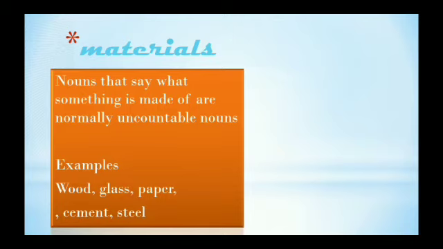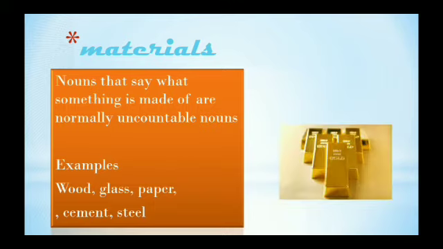Materials are uncountable nouns. So, what are materials? Nouns that say what something is made of are normally uncountable nouns. For example, wood, glass, paper, cement, steel, gold, ice. These all are materials and they are uncountable nouns.